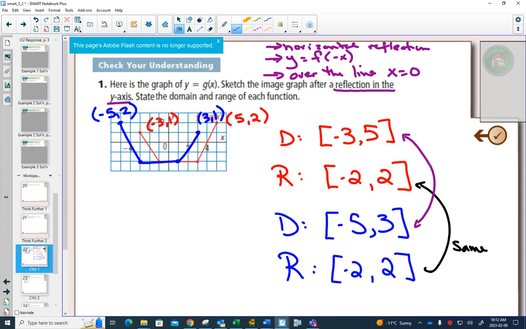Can you see that it got multiplied by a negative 1? The negative 3, which used to be the smallest value, became positive 3, which is now the biggest value. And the 5, which was the biggest value, got multiplied by a negative 1, and is now negative 5, the smallest value. So we can see patterns that are happening in the domain and range.